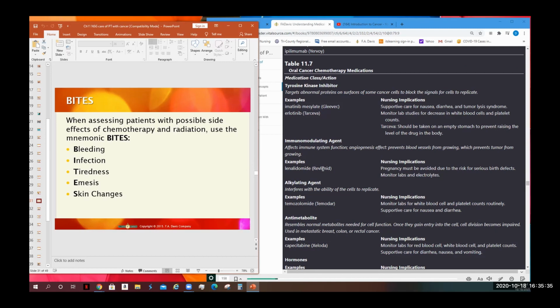Nursing implications would be supportive care for nausea, diarrhea, and tumor lysis syndrome. Monitor lab studies for decrease in white blood cells and platelet counts. Tarceva should be taken on an empty stomach to prevent raising the level of the drug in the body.